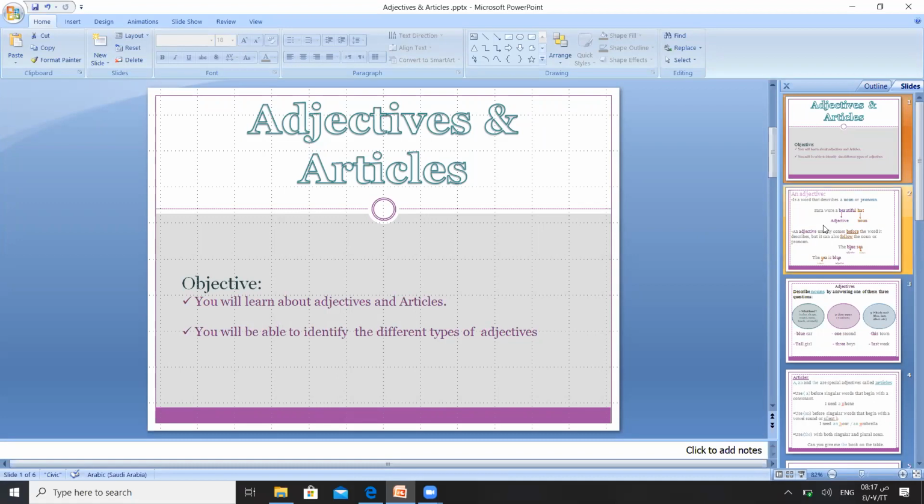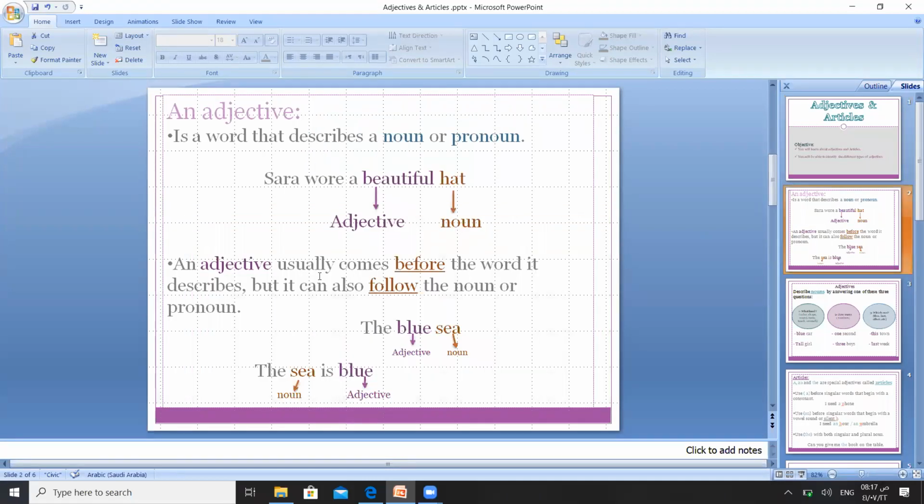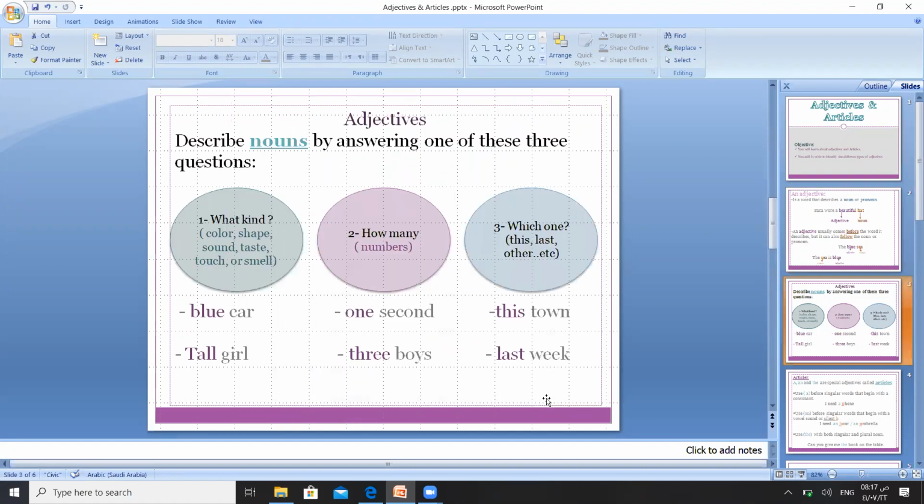So today we studied adjectives and articles. I told you that an adjective describes a noun or a pronoun. An adjective can come before the noun or after it. Also, I told you that adjectives describe nouns by answering three questions: What kind? How many?